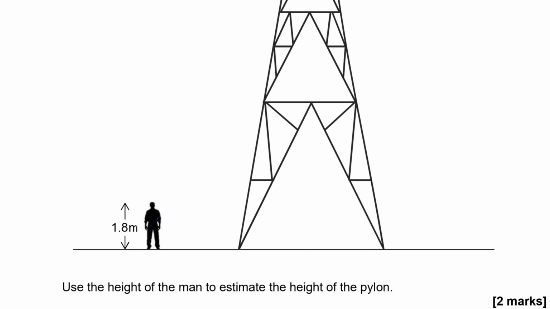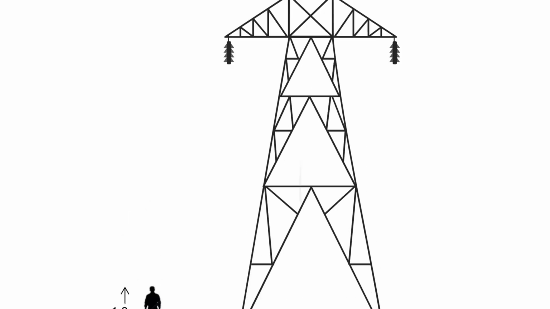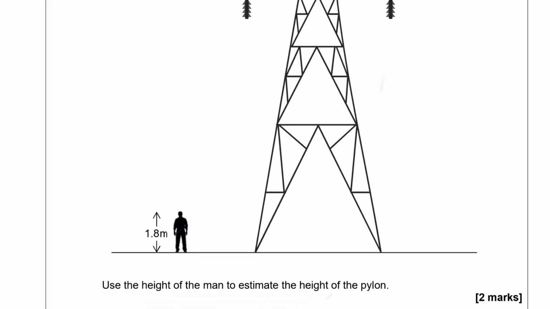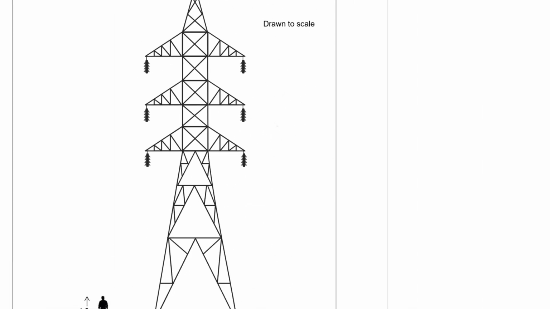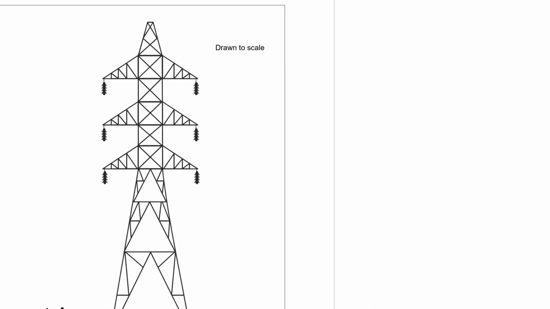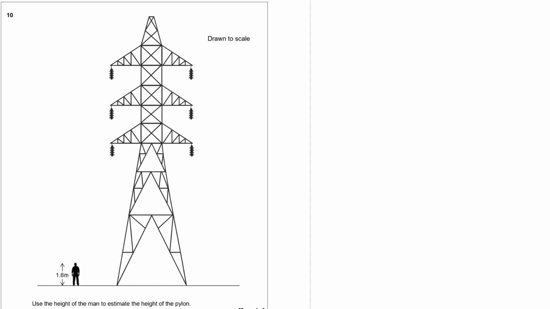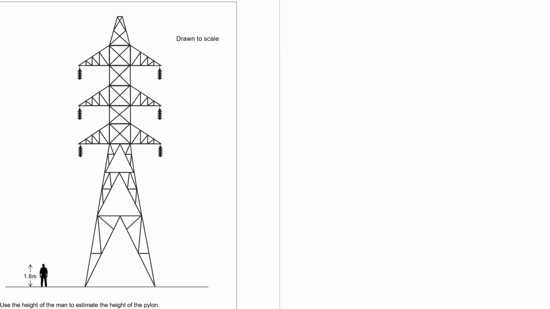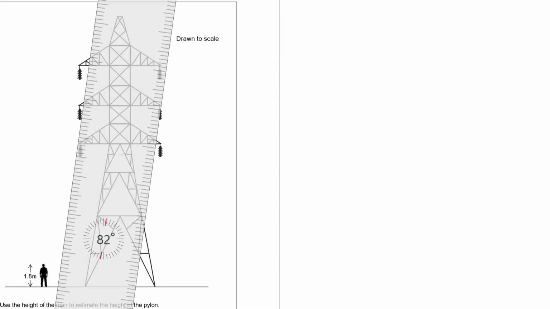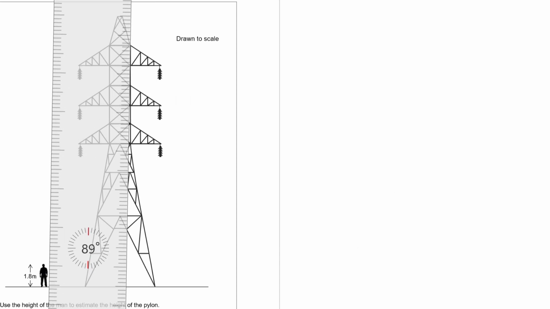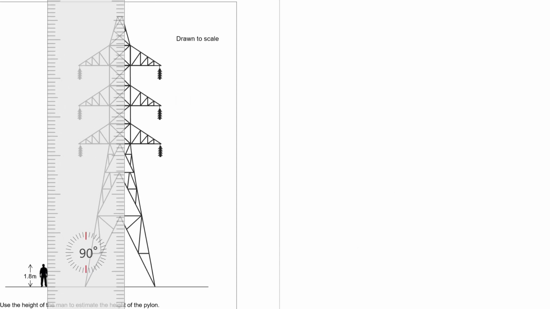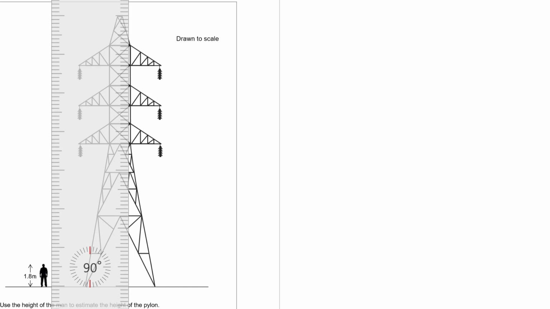Oh, happy days. So we need to see how many times this little dude is going to fit into the tall thing. Okay, let's see if I can get the whole of this thing on the page. Okay, so pulling up my ruler. This hasn't got any units on it, but I can see that it's 6 little marks from his feet to his head.